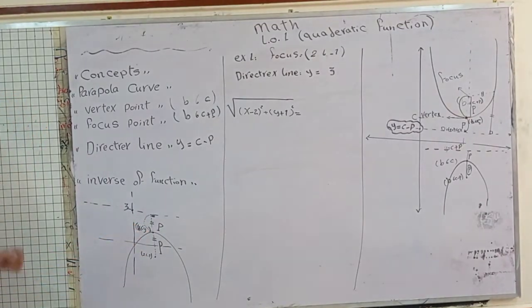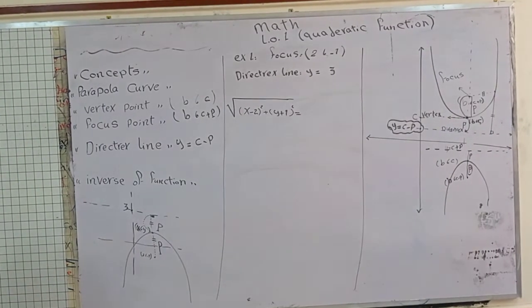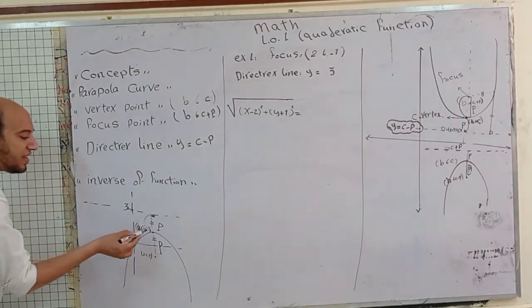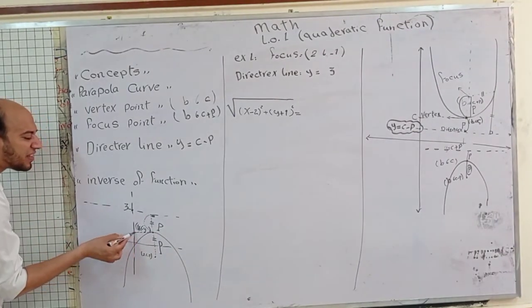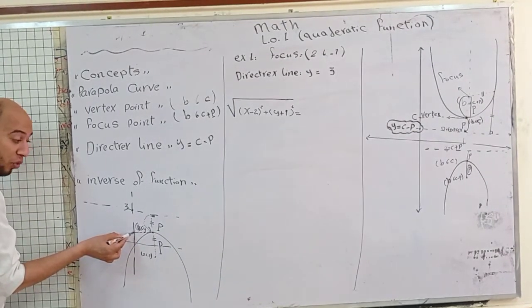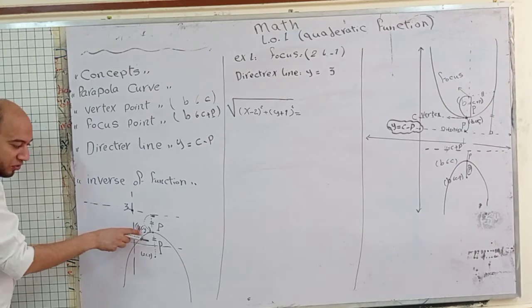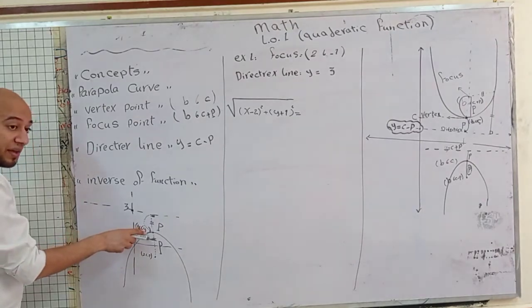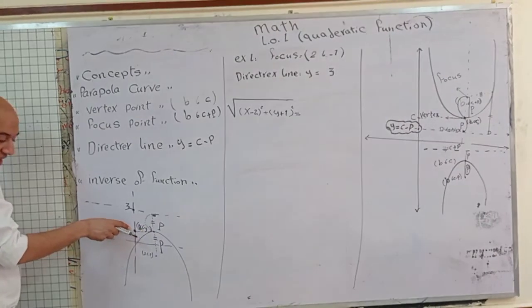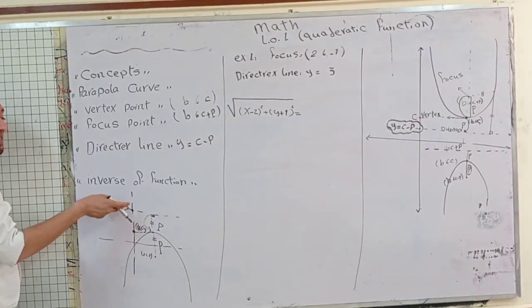This perpendicular distance equals the difference of the y coordinates between this point and the line. The y coordinate for this point equals y. The y coordinate for this line equals 3.